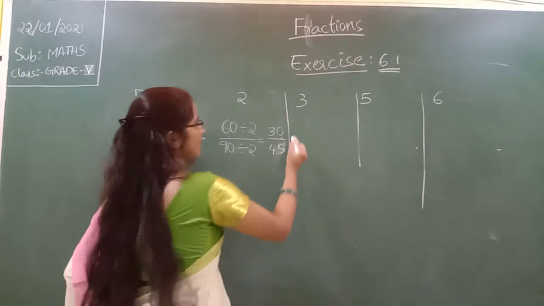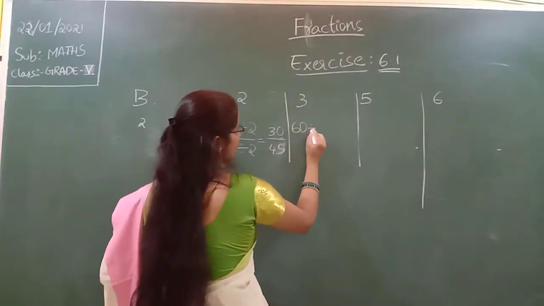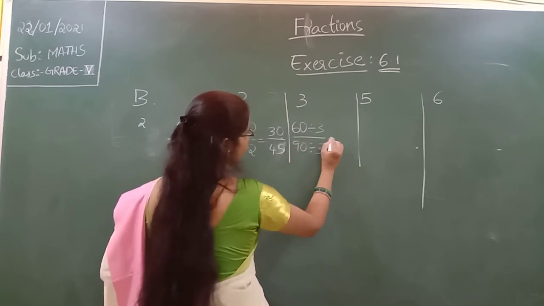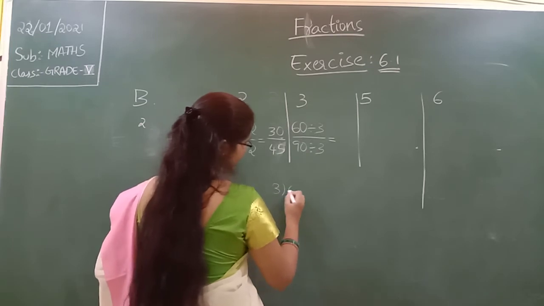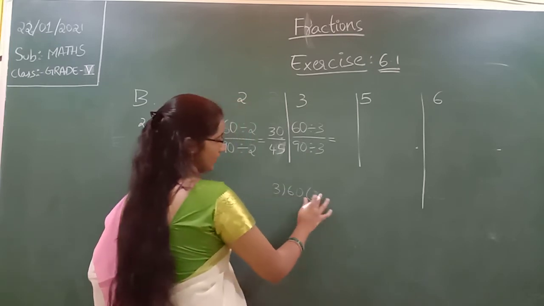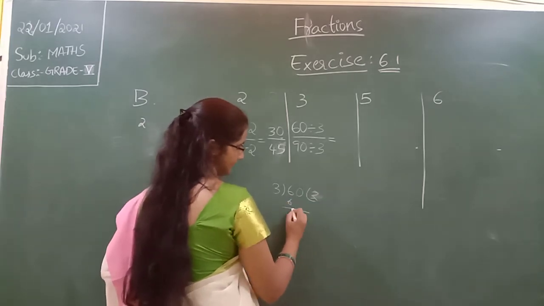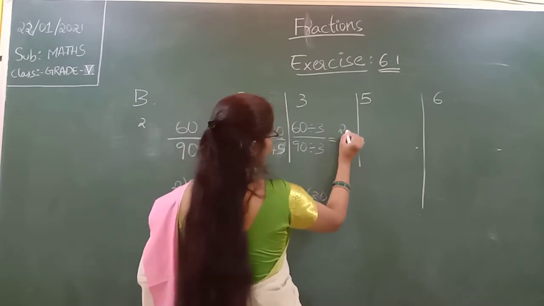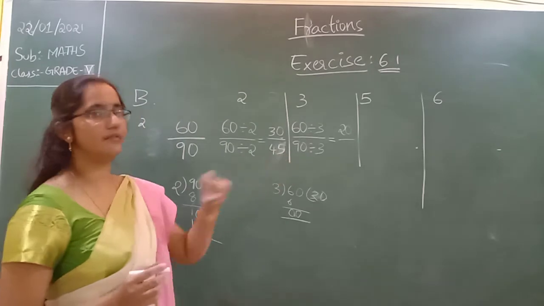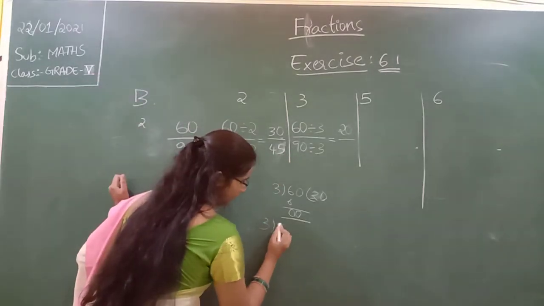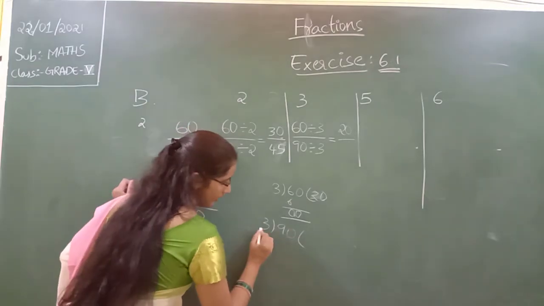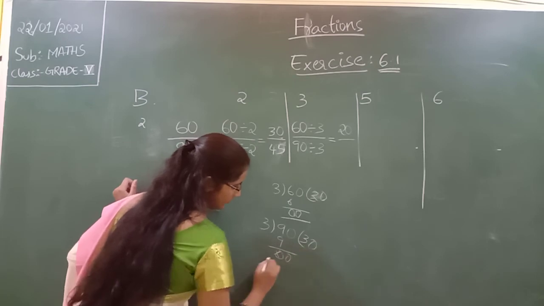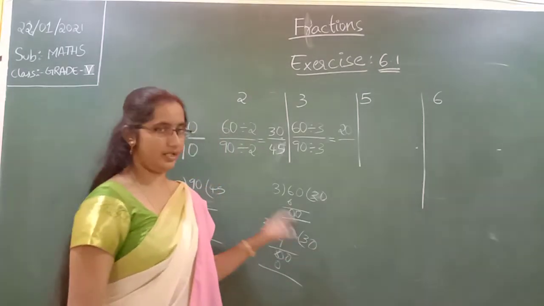Now 3. 60 divided by 3 and 90 divided by 3. 3 twos are 6, 0, that is 20. 90 divided by 3: 3 threes are 9, and 0. That is 30.